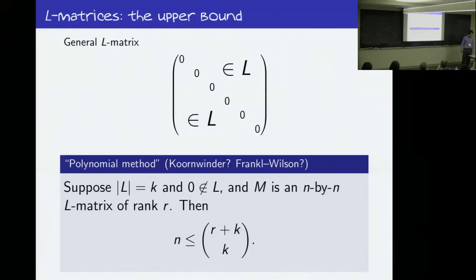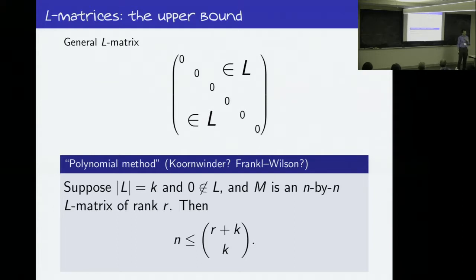Okay, so let me just tell you the upper bound. This is more or less the only upper bound we know. Again, I'll explain a little bit more about it. So it goes as follows. If a set L has k elements, and I also assume basically in all this talk that 0 is not in L, because if 0 is in L, I can make my matrix as large as I want, having 0 rank.